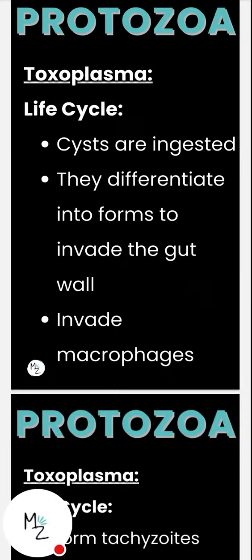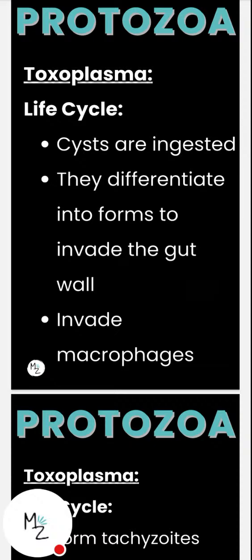Now let's talk about the life cycle of Toxoplasma gondii. As we all know, it has got 3 stages in its life cycle: sporozoites, trophozoites, the tachyzoites, and bradyzoites. And there's another stage that is cyst. So let's start with the cyst.